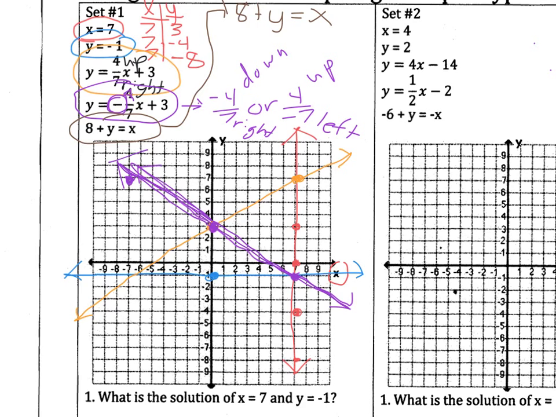Now notice 8 is on the wrong side. If I take 8 and subtract it on both sides, the 8's are going to cancel. Y equals comes down. Slope comes first, then 8 minus 8. So put the x first, then subtract 8 second. Notice now this equation is standardized.